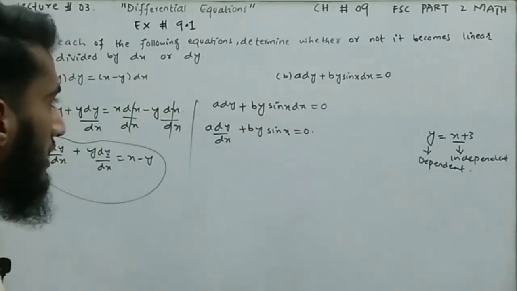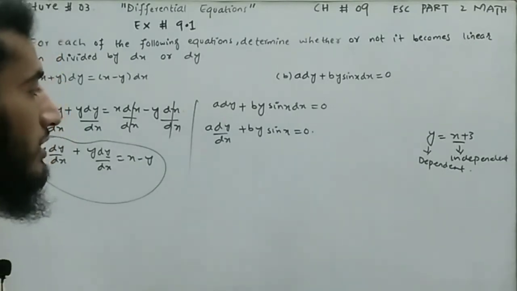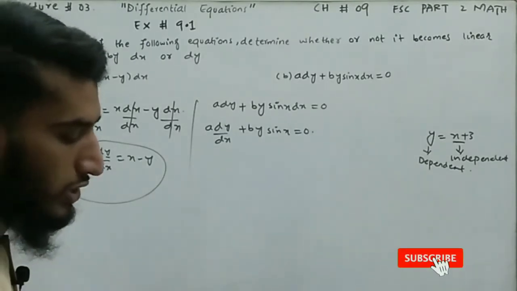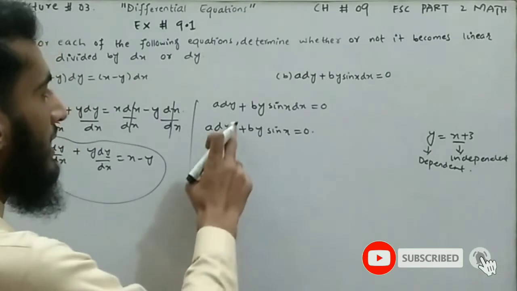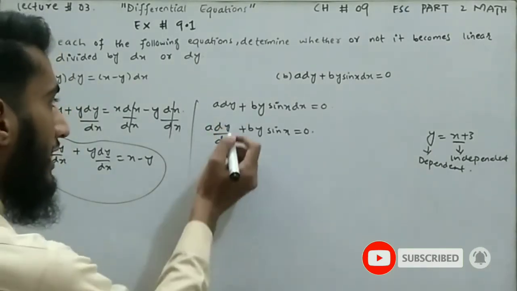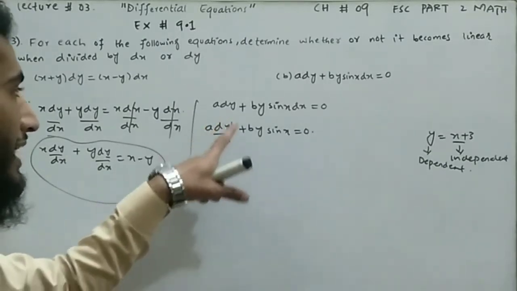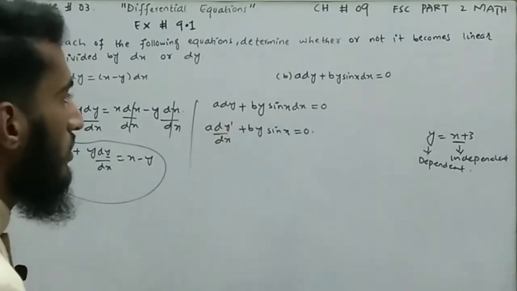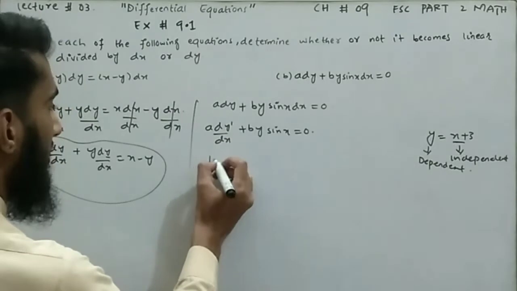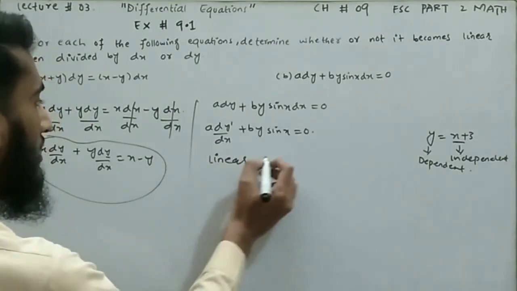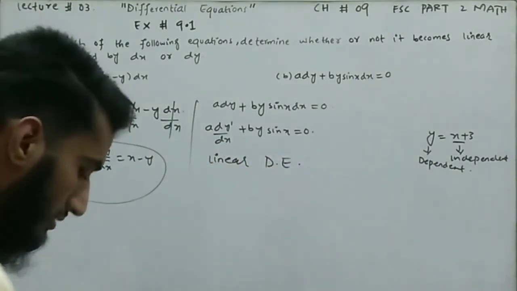So this equation is linear because linear differential equations are those equations in which the highest power of the dependent variable is 1. So over here the highest power of the dependent variable is 1 and also no dependent variable is multiplied with dy by dx. So it means this equation is considered as a linear differential equation.